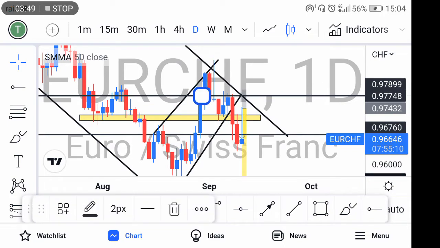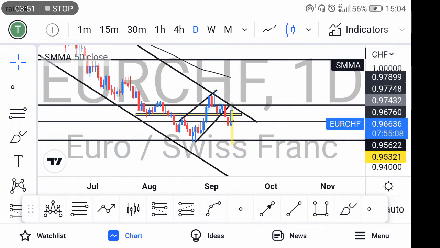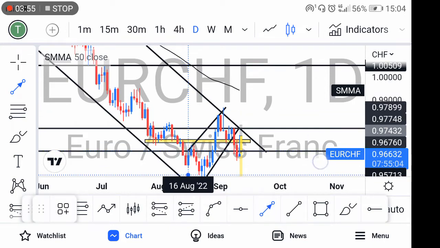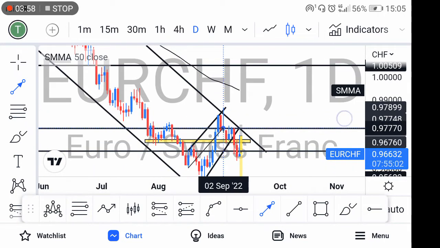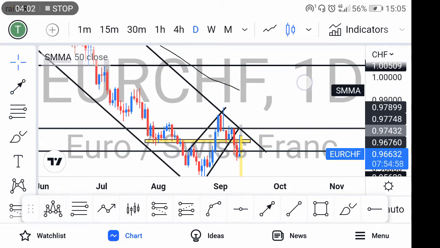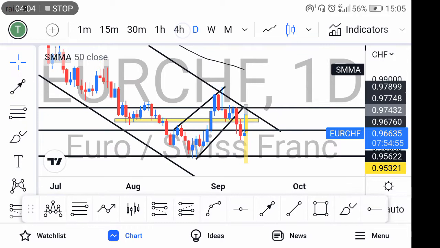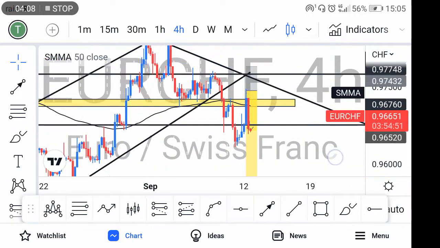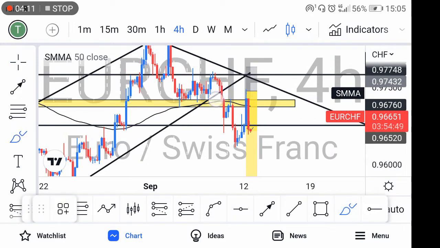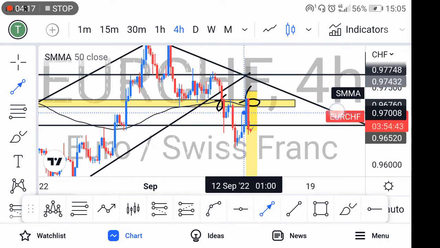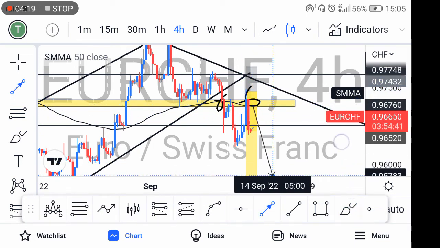Okay, we're in an overall bearish trend, and the price was in a short-term bullish trend. It broke out of this bullish trend. Let's go on a 4 hour. It broke out of this bullish trend, giving a double bottom retest at this resistance zone. So I'm expecting it to push further down.